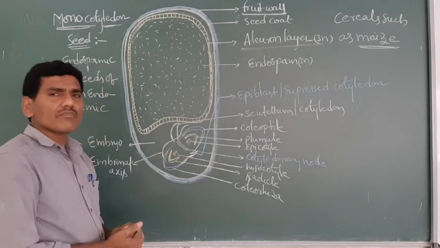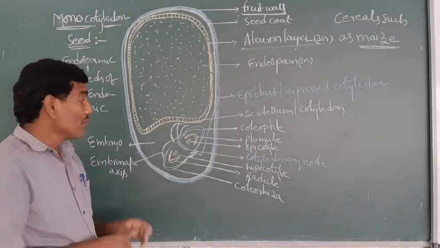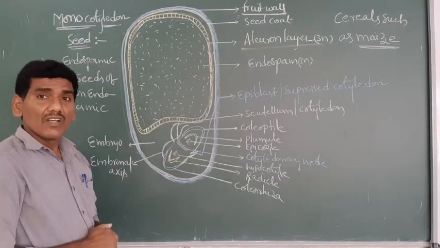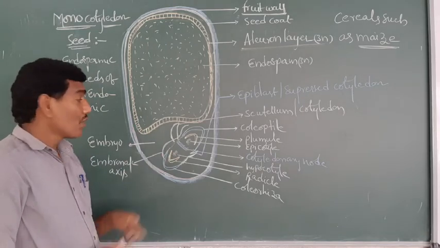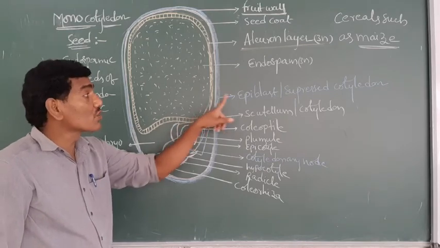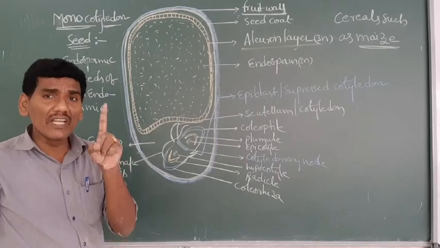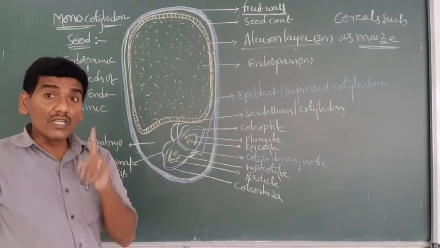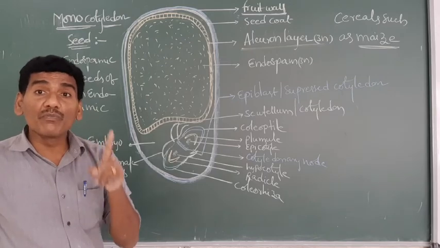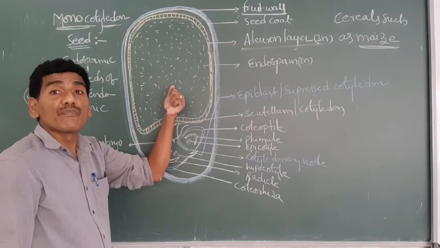Next one. Here the embryo consists of an embryonal axis and one large shield-shaped cotyledon, also known as the scutellum. In monocots, how many cotyledons are present? One. In monocot seeds, the cotyledon does not store the food material; the endosperm stores the food material.